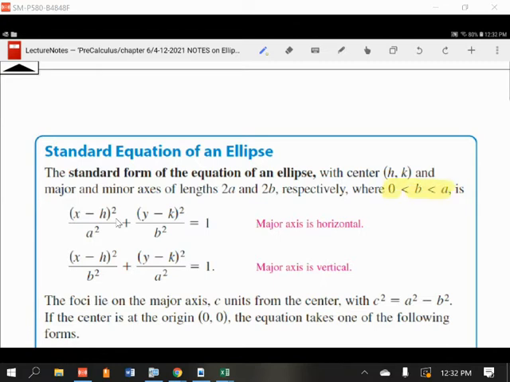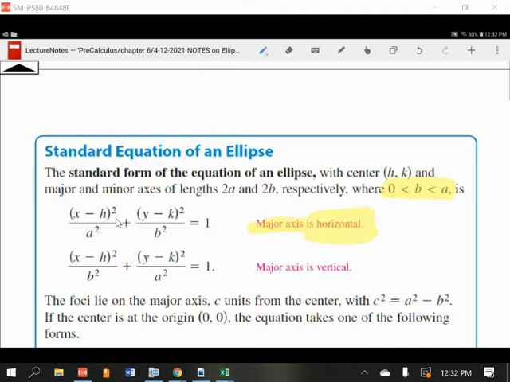So if you look at the definition at the top, I'm using a yellow highlighter. Obviously, a and b both have to be bigger than 0. We wouldn't have an ellipse at all if one of them was negative. So b is less than a, which is the same thing as saying a is bigger than b. So notice when the major axis is horizontal, look at where the a is.